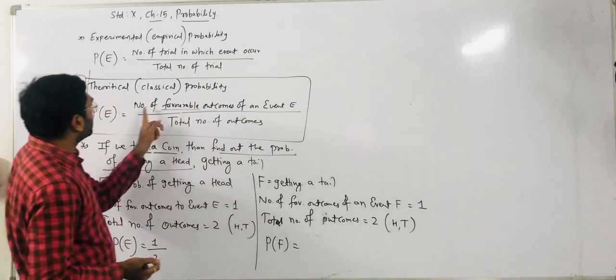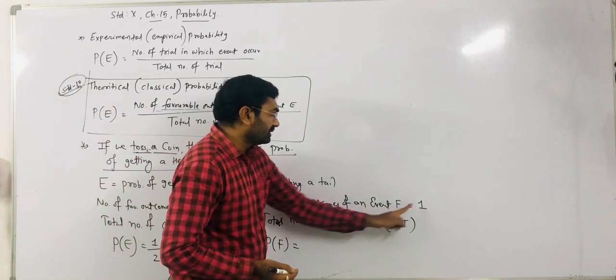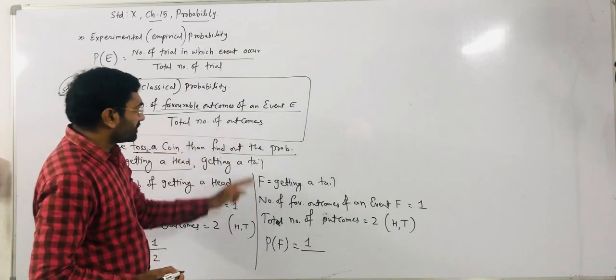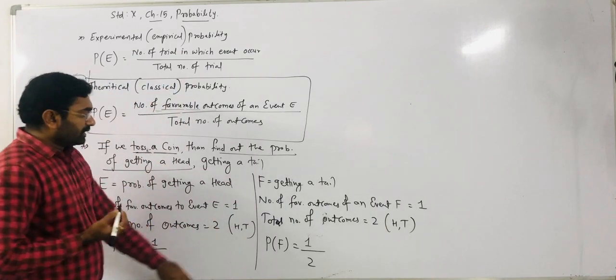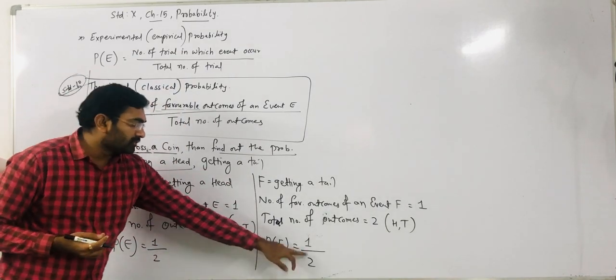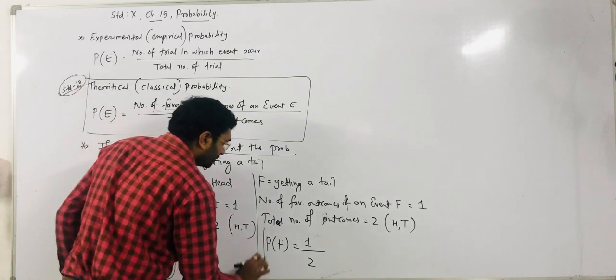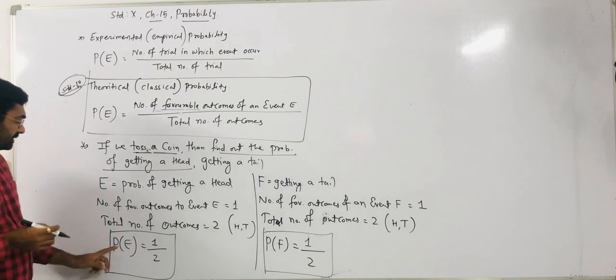In the numerator we write the number of favorable outcomes, which is 1 only. In the denominator the total number of outcomes is 2. So getting a tail's probability is 1 by 2, and getting a head's probability is 1 by 2. From these two things we have to define another thing.